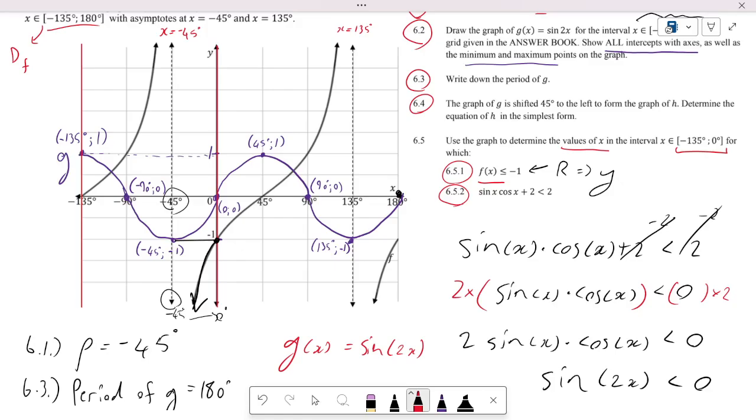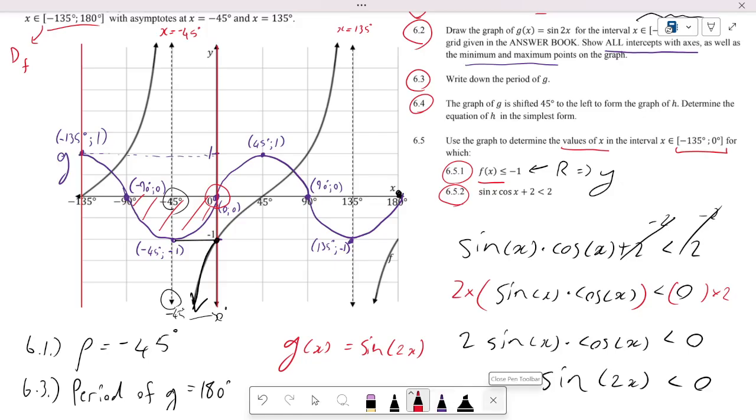Where g of x is less than 0, it has to be negative, and must not include the intercepts. So it's going to be less than 0 between negative 90 degrees and 0 degrees, but we're not going to include the endpoints.